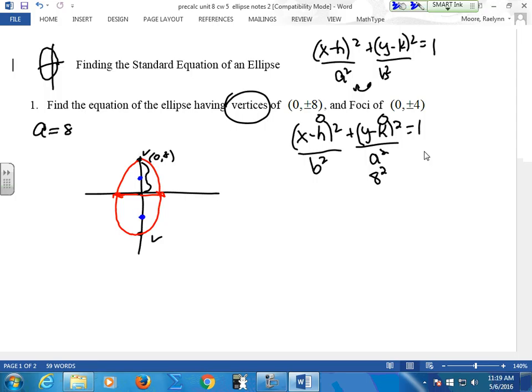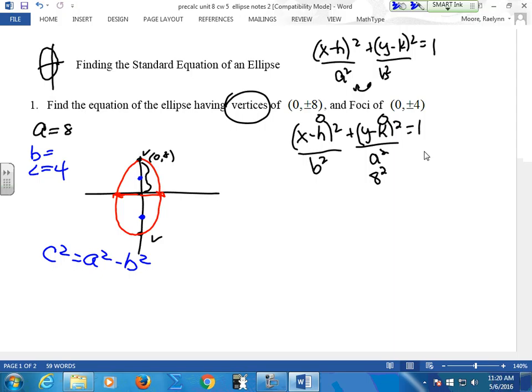Now my foci doesn't help me with my equation per se, but what letter does it give me out of a, b, and c? c. It's the distance from the center to my foci. How big is that? 4. So now, we have a little formula: c squared equals a squared minus b squared, so that now I can find b, because they didn't give me any other information.